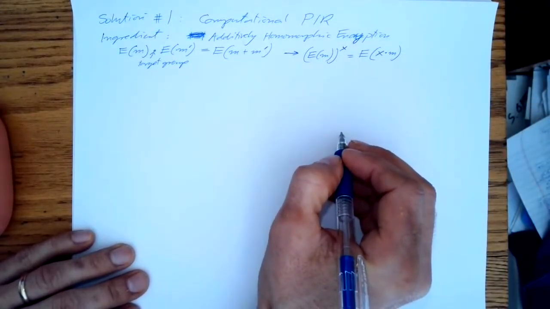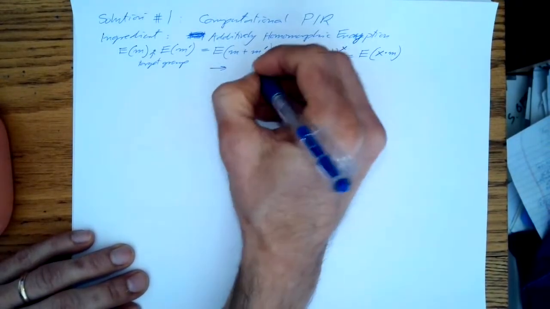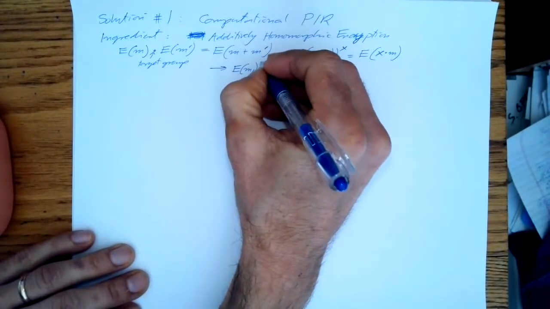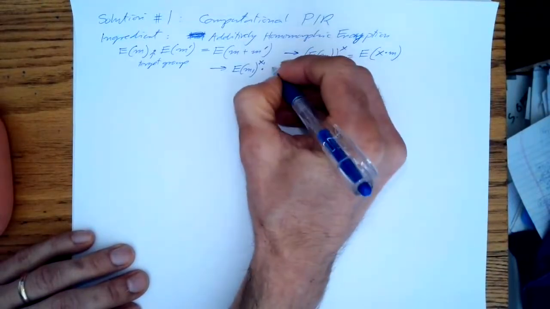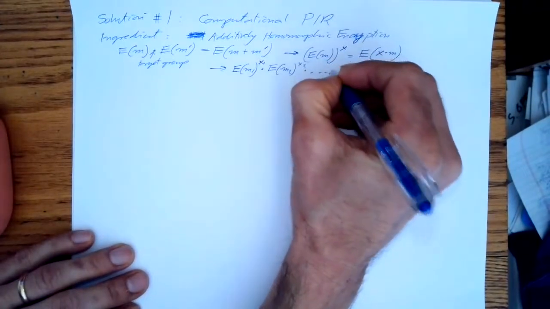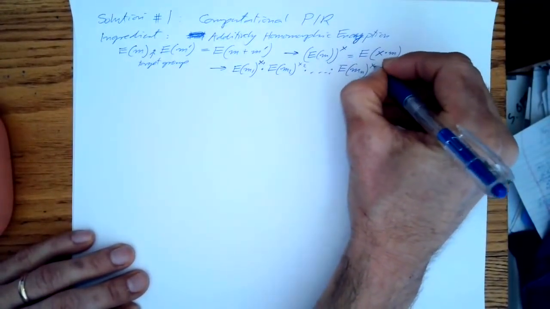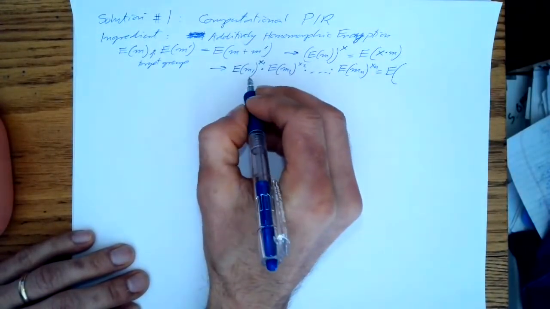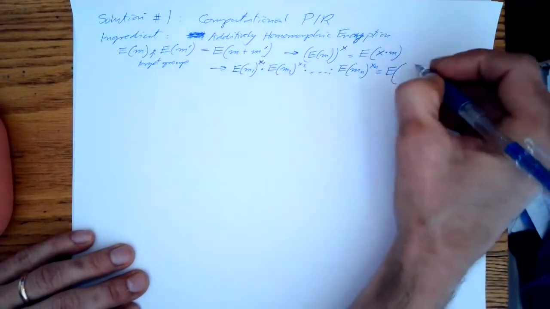And also, if I have a bunch of ciphertexts and exponentiate them to some coefficients and multiply the results, what that corresponds to, by extension, is a sum of the m_i's multiplied by these x_i coefficients.